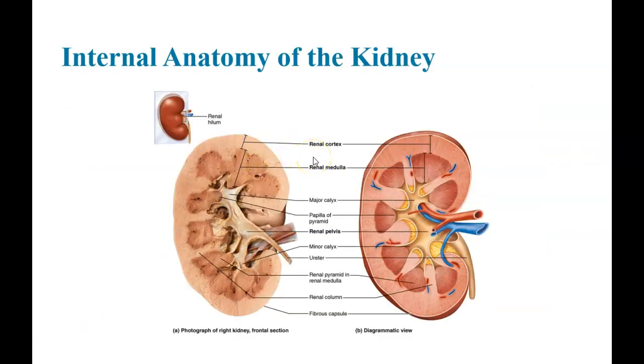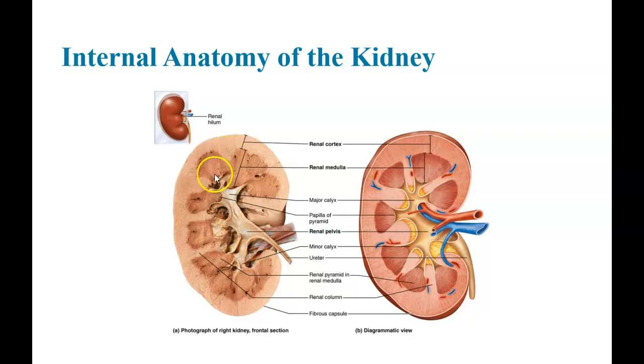So if we look at the inside of the kidneys, there's different structures here that are involved in the formation of urine. Most of the filtration is going to occur up here in the renal cortex, and a lot of the absorption occurs in the renal medulla, which is this inner layer. So when the filtrate is filtered, filtrate is derived from blood plasma.